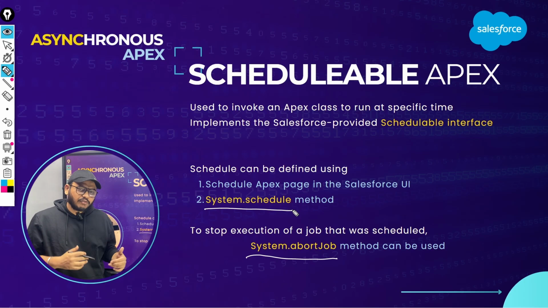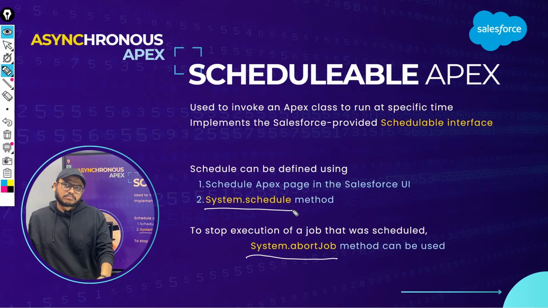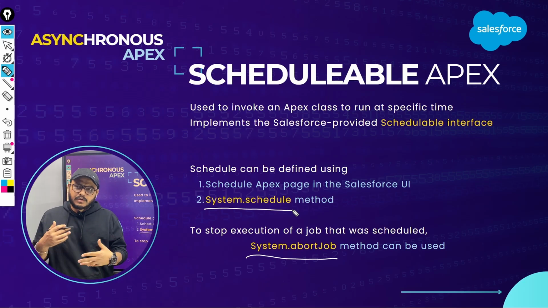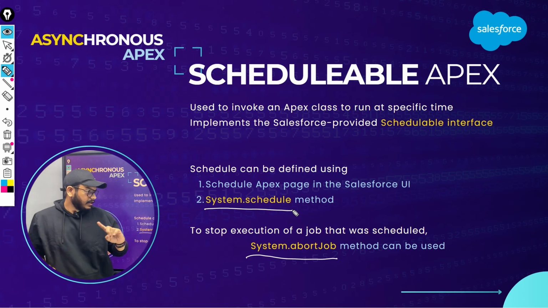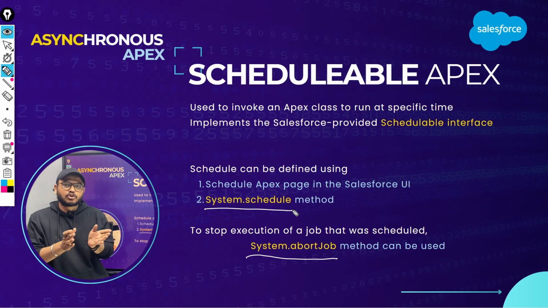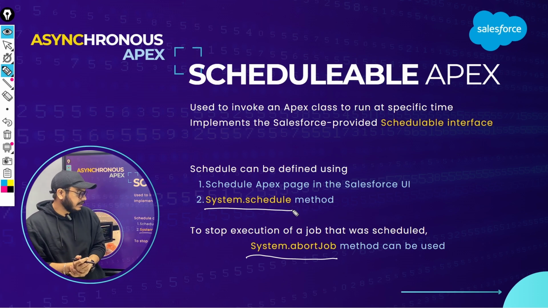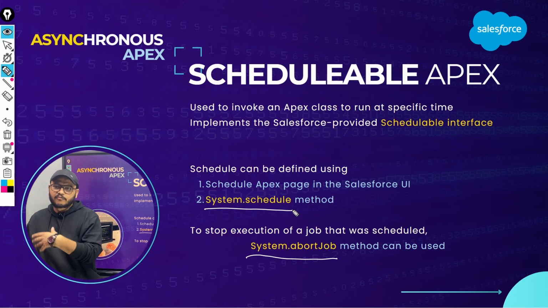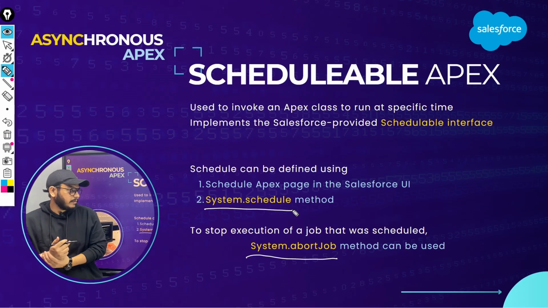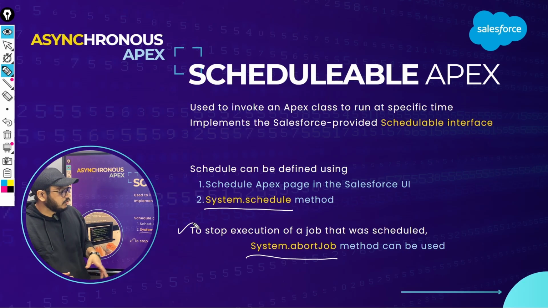However, once it is scheduled, now if you want to abort that job, let's say it's going to run every Friday 7 p.m. Now I do not want this execution to happen any further, because the difference between Schedulable Apex and Queueable Apex is that Queueable Apex was a one-time thing. Now this is a regular thing. Now it's happening constantly, right? So with system.abortJob, you can abort a job which is getting scheduled on a regular basis. To stop the execution of a job that was scheduled, you can use the system.abortJob method.